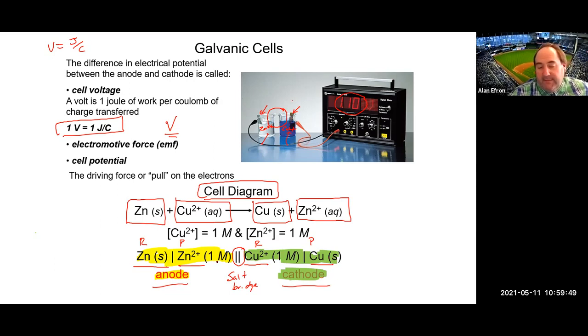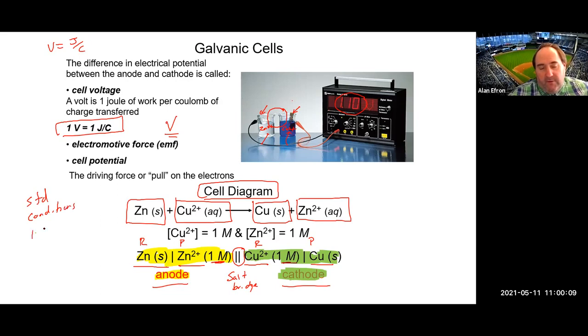You also see that sometimes concentrations are put in there, and people will list those only for the ions that are floating around in the solution. When we talk about concentrations, remember a couple of things about standard conditions.